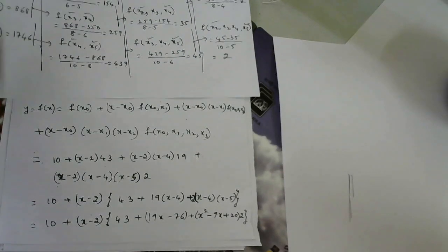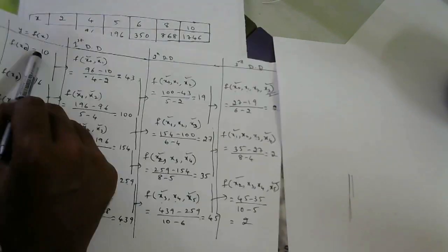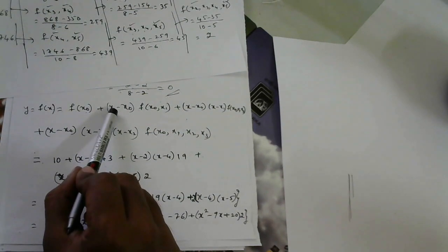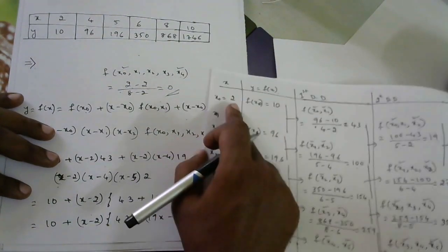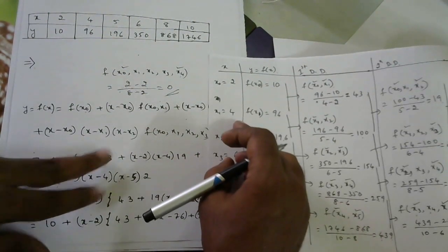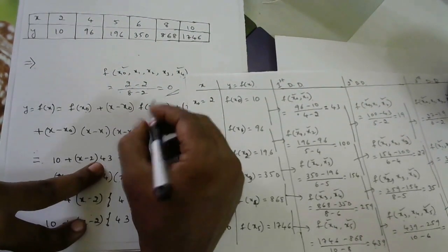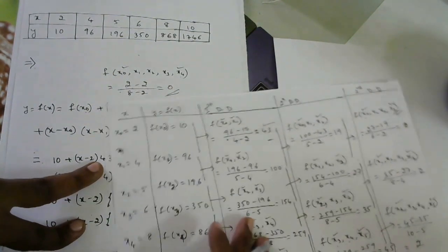So here, what is f of x0? The f of x0 value is 10, so I substitute here, plus x, keeping it as it is, minus x0, whose value is 2. And what is f of x0, x1? It is 43, substituted here.